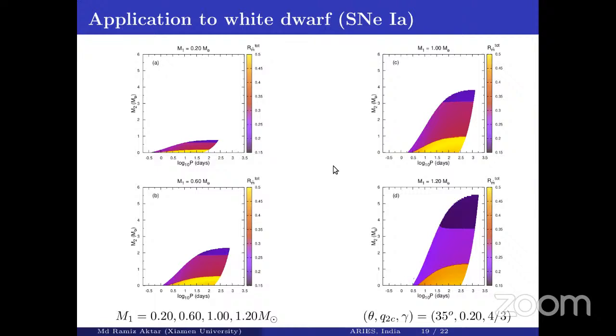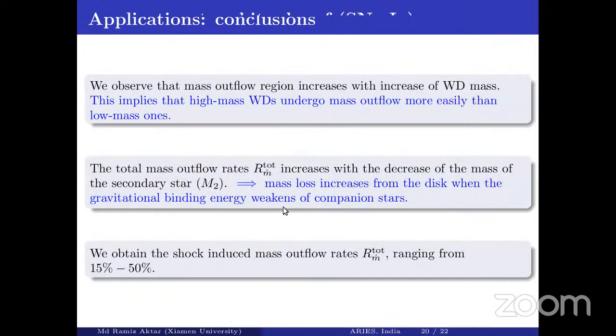So mass loss increases in the disk when the gravitational binding energy weakens in the presence of a companion. And from this calculation, we can see the maximum outflow rate lies within the range from 15 to 50% from our calculation.